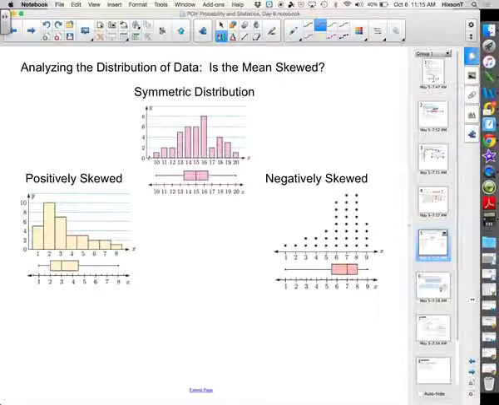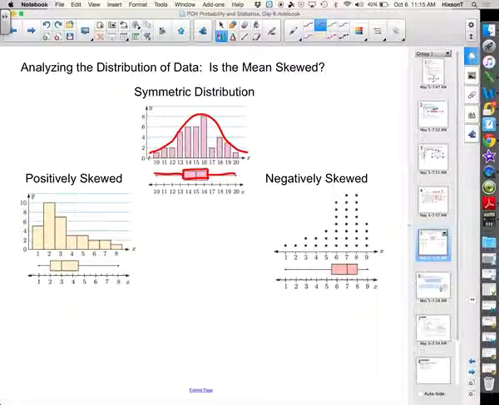Well, if I look at this data here, you'll notice if I were to kind of trace how our data went, most of it's in the middle. It kind of trails off on both ends. As you look at your box plot, notice the box is basically in the middle. The whiskers are about the same length on both sides.